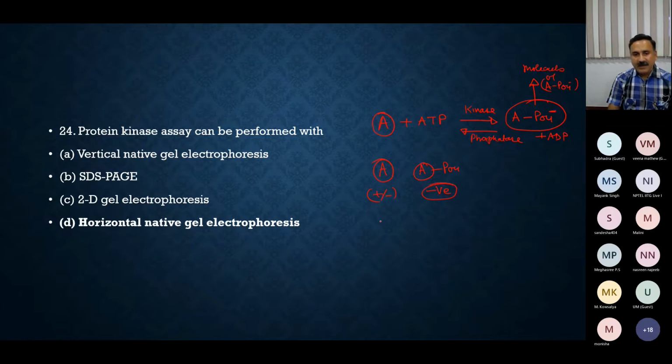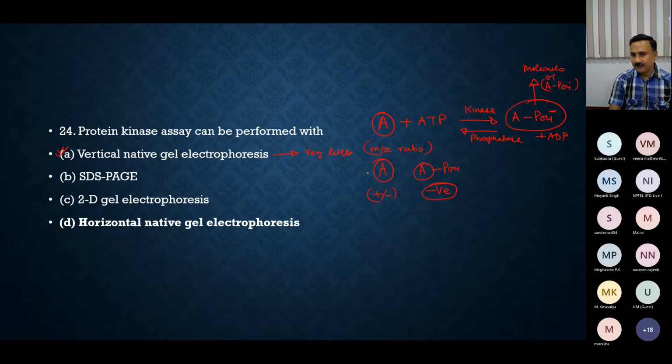So if I run this mixture into a vertical native PAGE, so that is the first option. If I run this on a vertical native PAGE, that vertical native PAGE will not be able to separate the A from the A phosphate, because the differences are going to be very little in terms of m by z ratio.